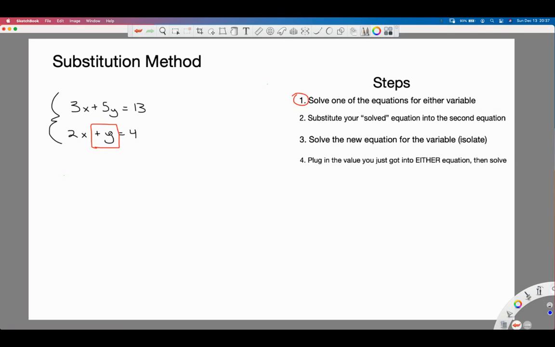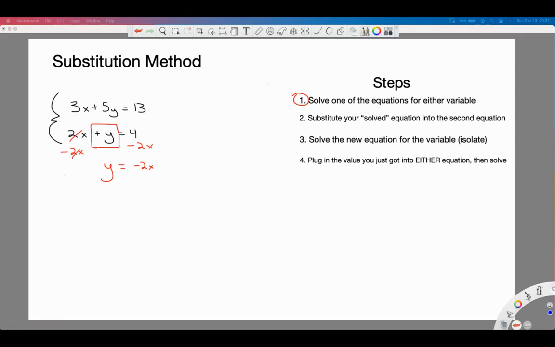I would notice that that y is already by itself here. And we just got to figure out what we can do with that 2x to bring it to the other side. And if you think of it, this is a positive 2x. So in order to bring a positive 2x to the right, we need to subtract it. That would cancel out the 2x here on the left, giving you just our isolated variable, which is y, equals, when you subtract the 2x here from the right, there's no other term you can actually subtract it from.